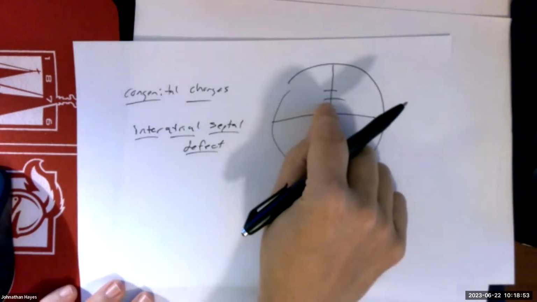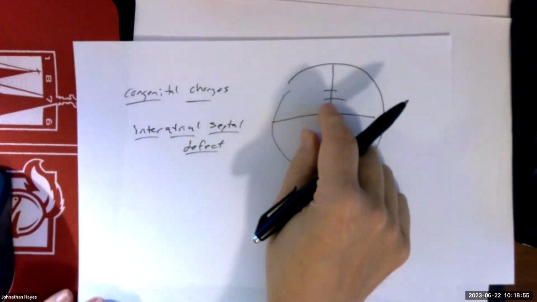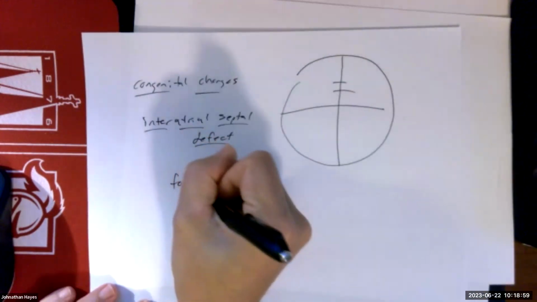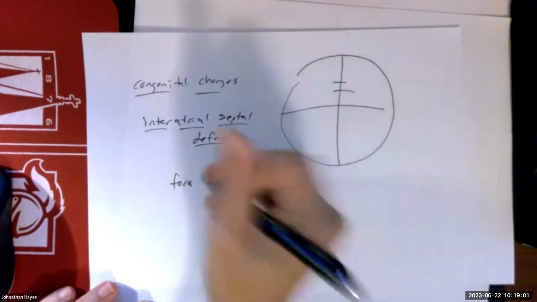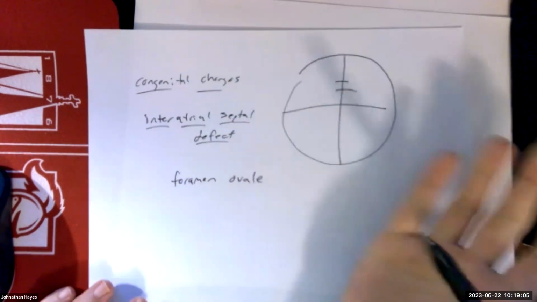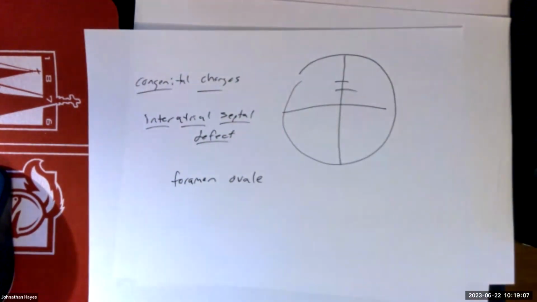And it usually originates around this structure called a foramen ovale. There's an anatomical structure that we have when we're still in the womb, because you're obviously not breathing fresh air in the womb. That would be kind of weird. So you're using your mom's oxygenated blood.